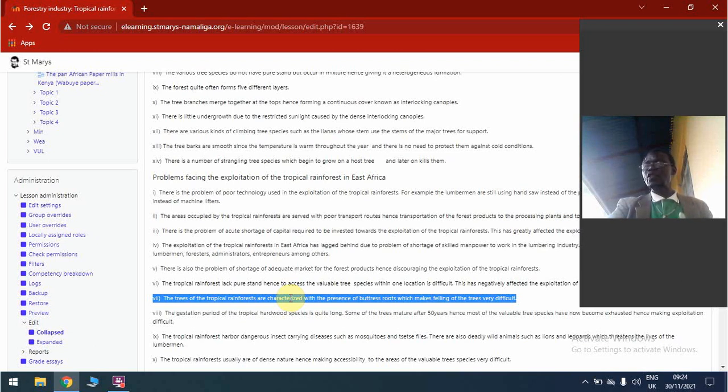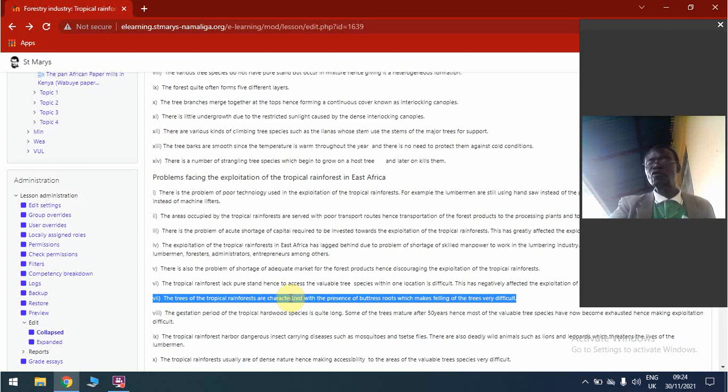So this means the trees will have to be cut from very far, high above the ground level. And this makes the cutting process very hard and sometimes risky, because it is cut from a higher level. And when it is cut from a lower level, it can even break the machines. So it is a rather complicated problem for the lumbermen in the tropical rainforests. And this has greatly affected the exploitation of the forest resources.